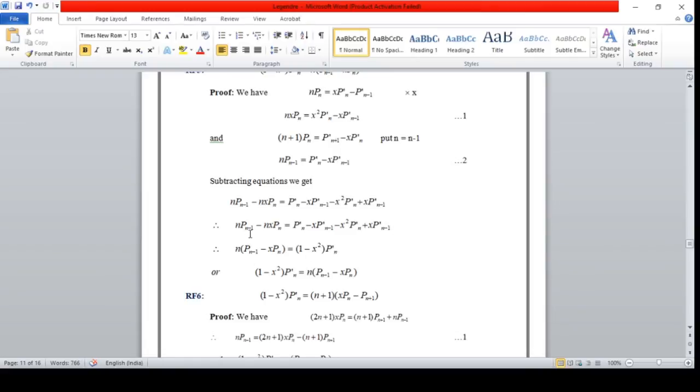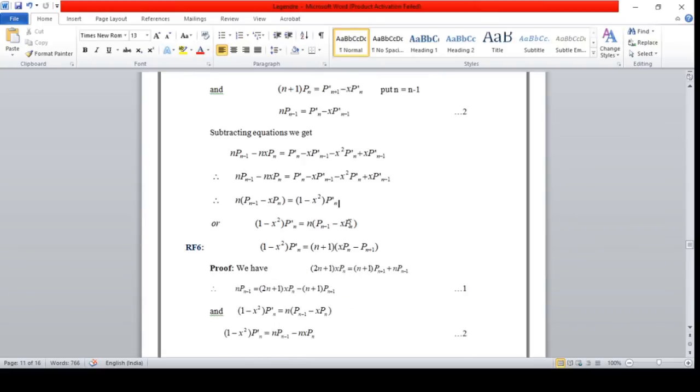Therefore this is n common, here n common, and here this is P dash n minus 1, second term and last term cancel, so 1 minus x square P dash n, side change, 1 minus x square P dash n is equal to n Pn minus 1 minus x Pn. This is the fifth recurrence formula.